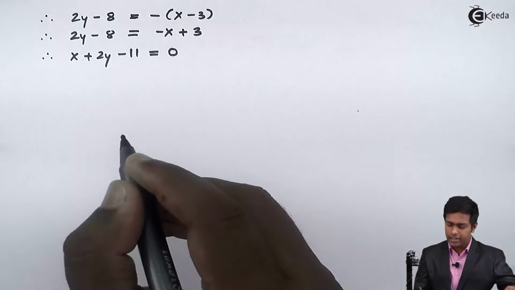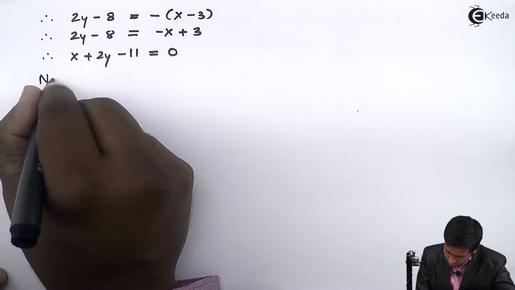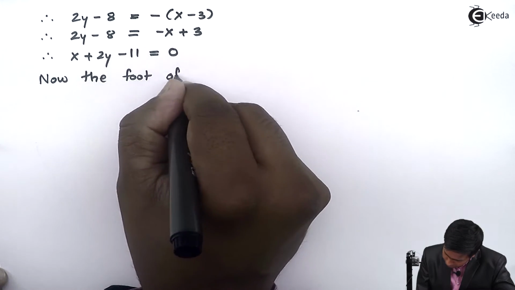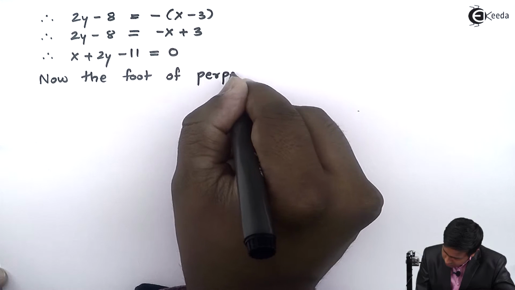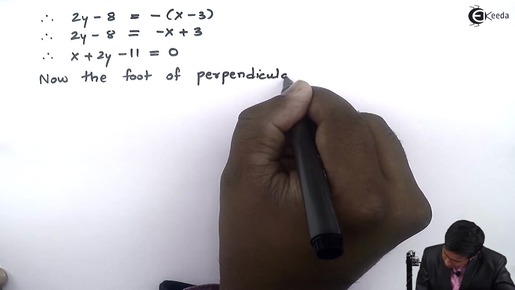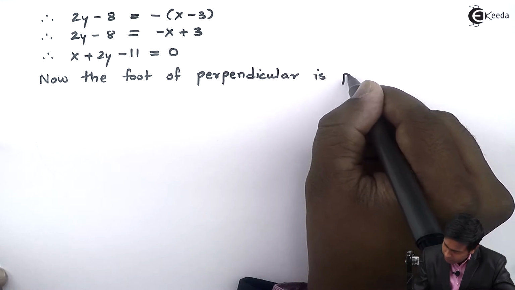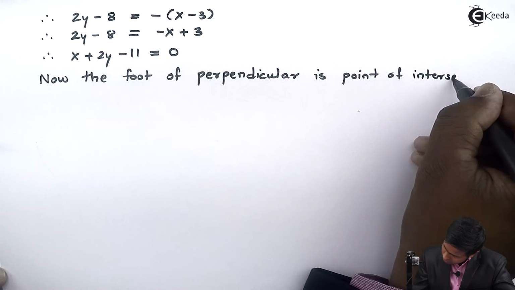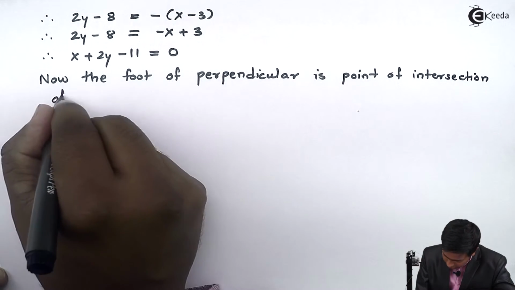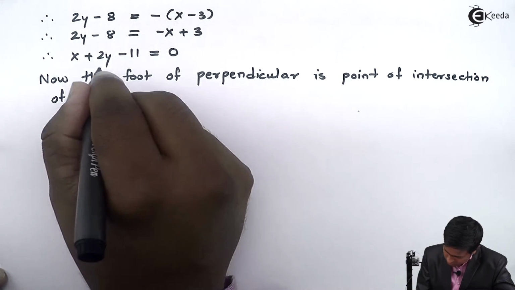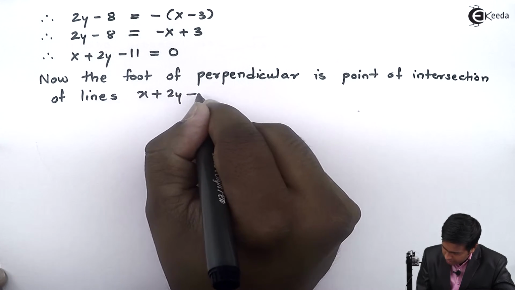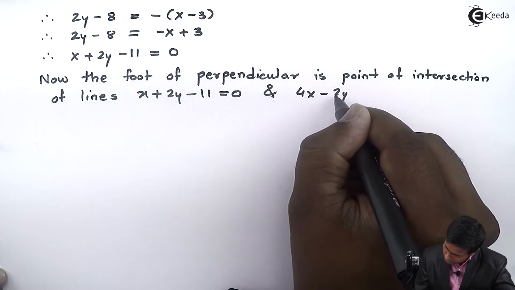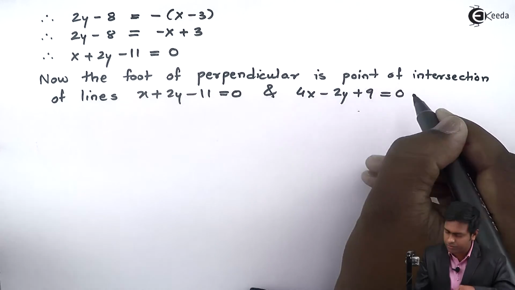So the foot of perpendicular is the point of intersection of the lines x plus 2y minus 11 equal to 0 and 4x minus 2y plus 9 equal to 0.